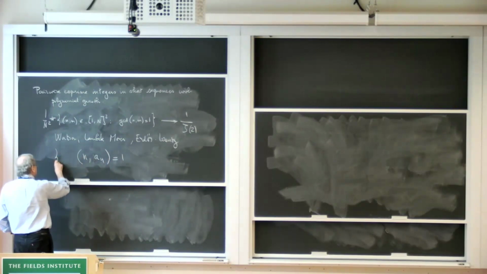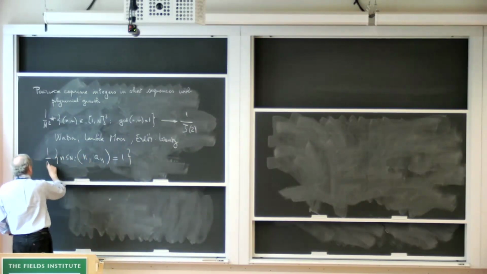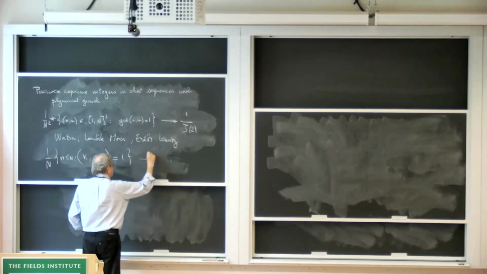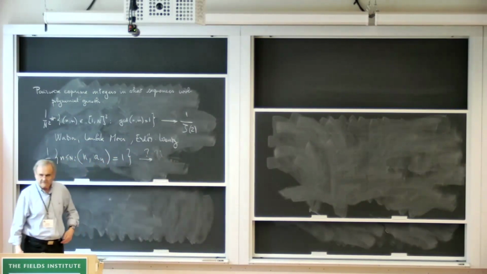Then you count the number of n up to N, the same thing, and you take the limit. Does it have a limit? Does it tend to something?